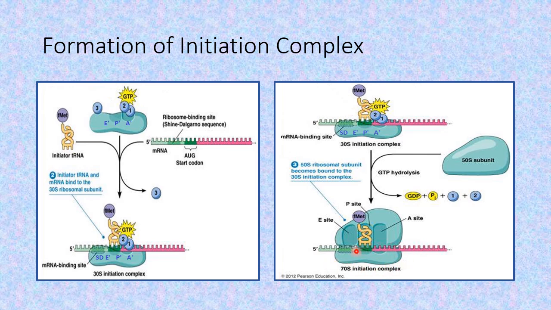And we know that as soon as initiation factor 3 is released, the larger subunit, the 50S subunit, associates itself with its corresponding smaller subunit.